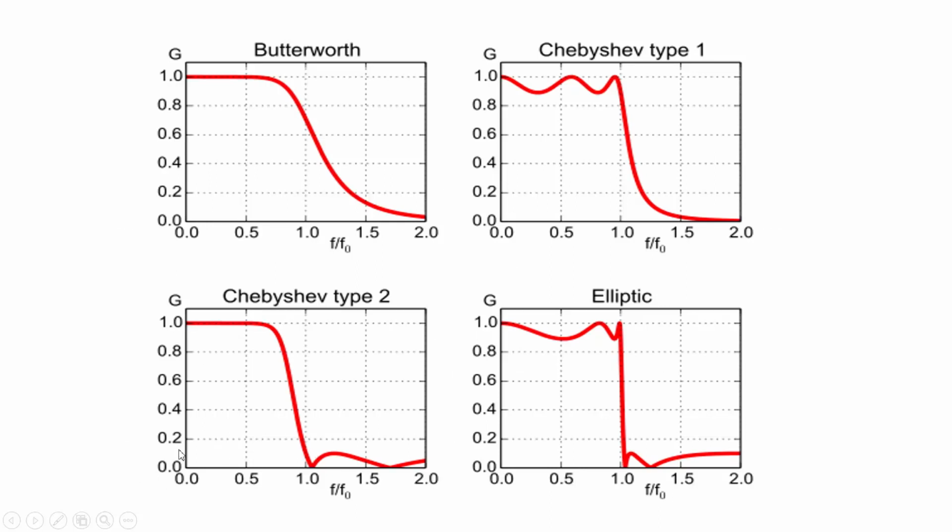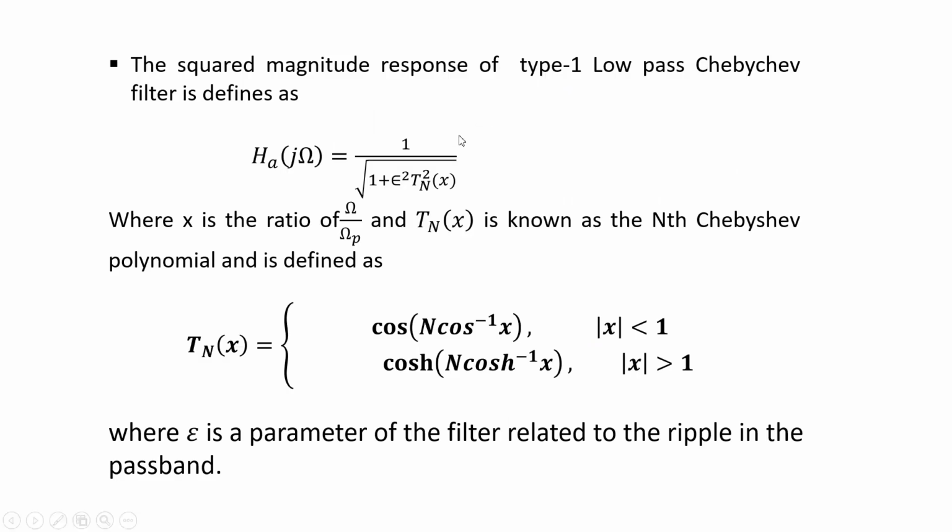Once you set the stopband limit, that means the stopband attenuation level, what happens after that in the stopband does not matter much. Therefore, type 1 Chebyshev filters are most commonly used. So let's first discuss the design and details of the type 1 low pass Chebyshev filters.